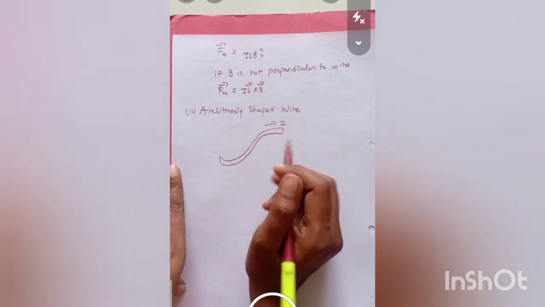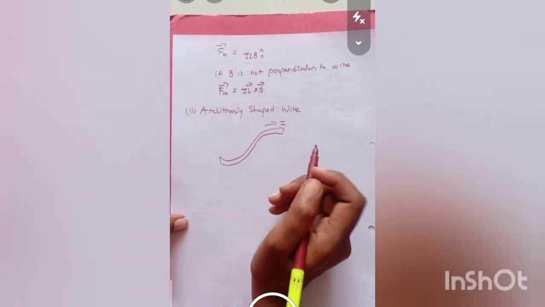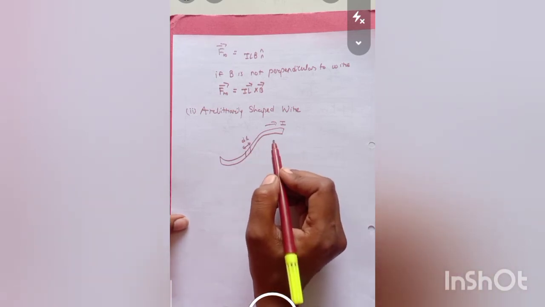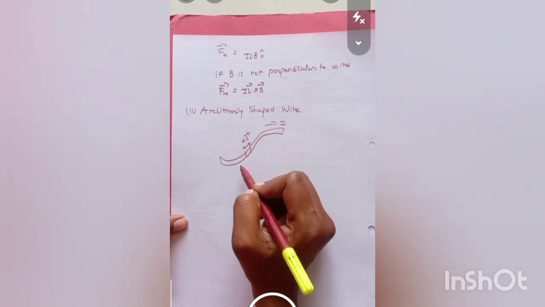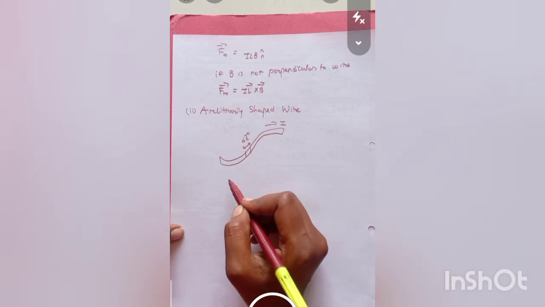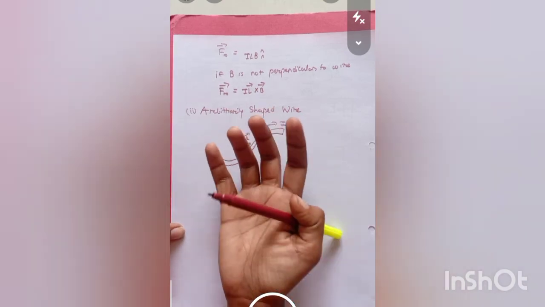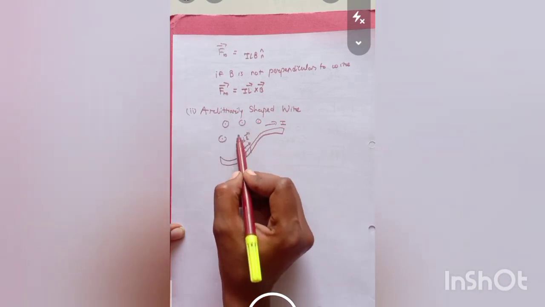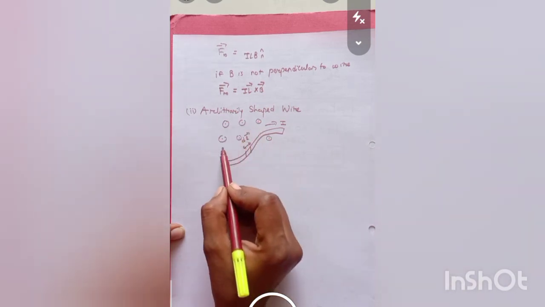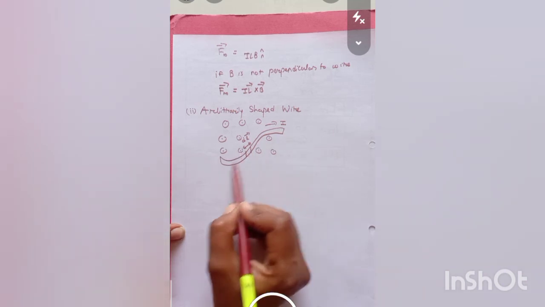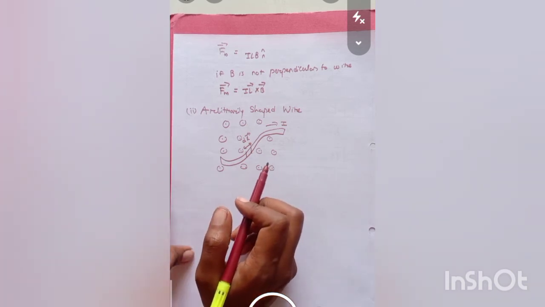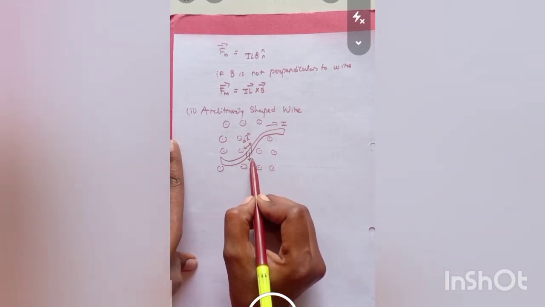So I have to consider an infinitesimal small length, suppose this infinitesimal small length dl, which is acting in this direction. The magnetic field will be coming out of this paper, so again that will be like this. So it shows that magnetic field lines are coming out of this paper. Then the force experienced by this will be like this.